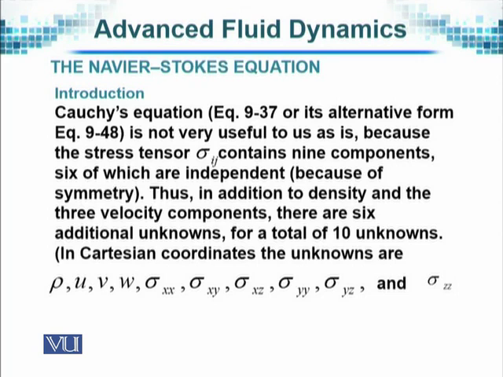So we have the density, we have the velocity components u, v, w, and we have the 6 stress tensor components sigma xx, sigma xy, sigma xz, sigma yy, sigma zz. So altogether 10 components. But we have only 4 equations to solve, and this is the problem.